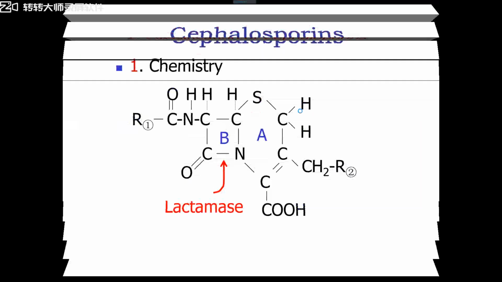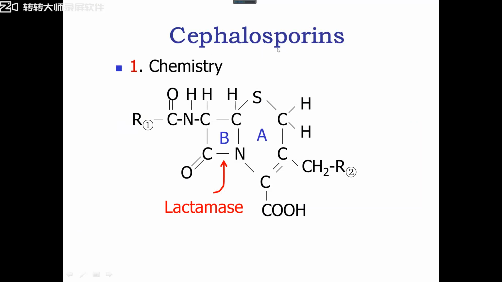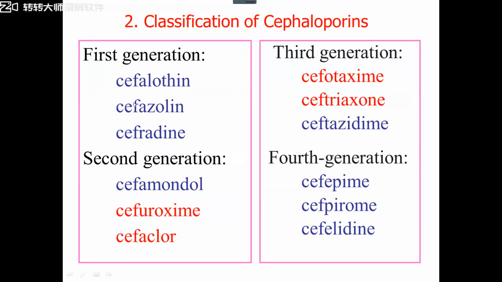So do you know in China, just now we studied penicillin, I have told you we call them 青霉素. And do you know this one, cephalosporins, 头孢霉素. And this one is cefazolin, 头孢唑林, cefradine, 头孢拉定. So we call cephalosporins 头孢. Understand? 头孢.